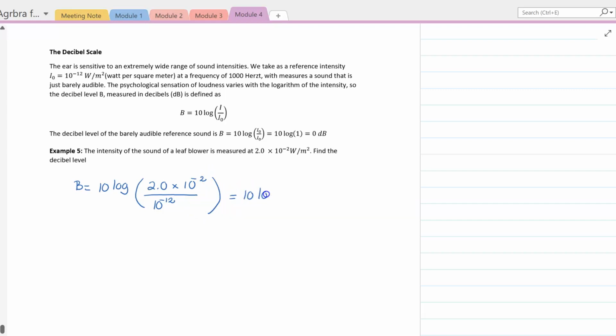That is 10 times log of 2.0 times 10 to the 10, and the calculator will give us 103 decibels.